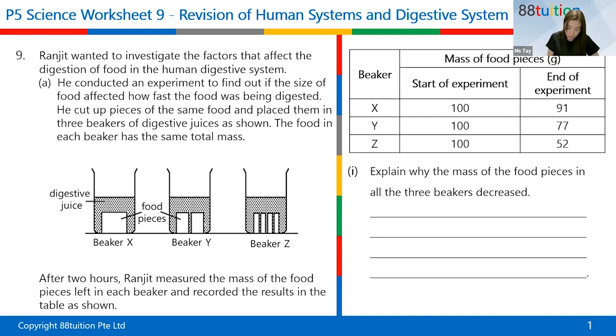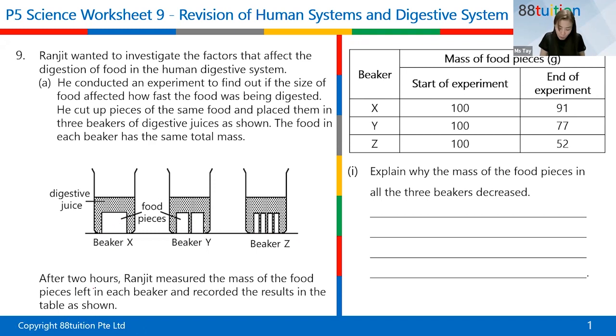It says that the food in each beaker has the same total mass. So even though in beaker X is 1 big piece of food, in beaker Y the food piece is cut into 2 pieces, and in beaker Z, cut into 4 pieces, they are all actually the same mass, right?